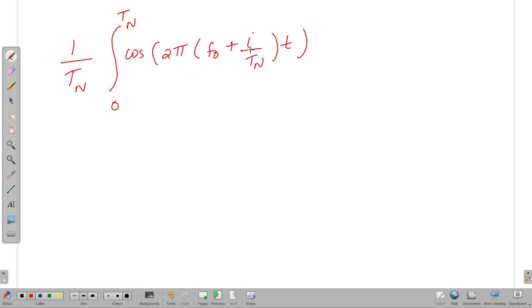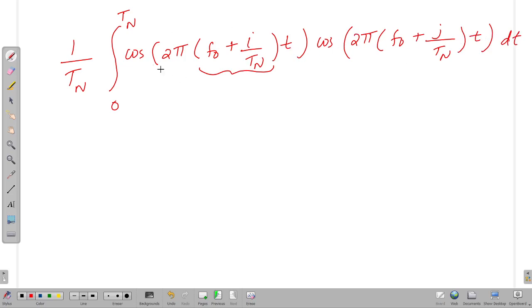This is one of the subcarriers, having the frequency f naught plus I divided by Tn, and you have another subcarrier, cos 2 pi (f naught plus j divided by Tn) t, dt. We are basically multiplying two different subcarriers, and if they are orthogonal over the interval 0 to Tn, then your result must be 0. We'll see what the result is.